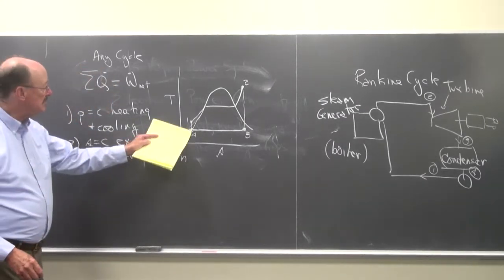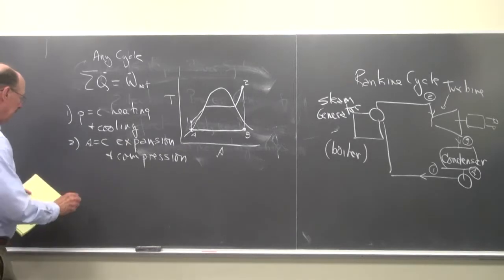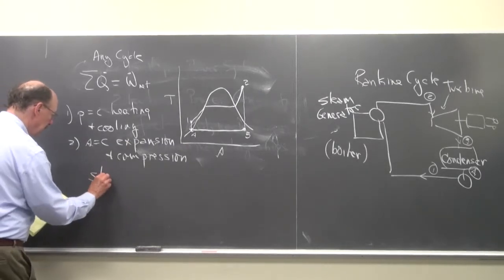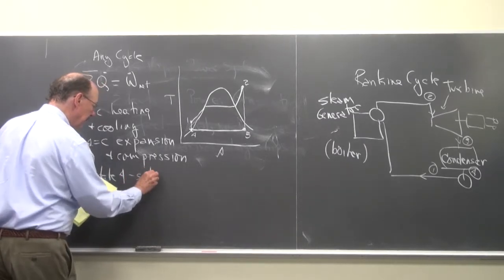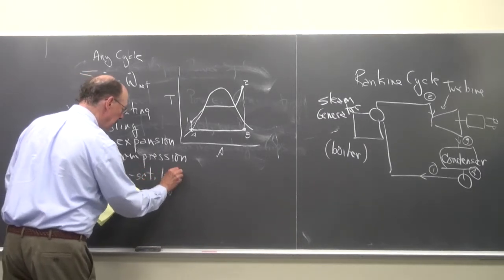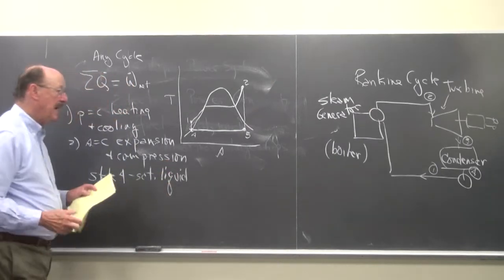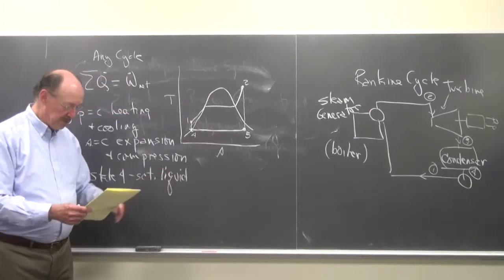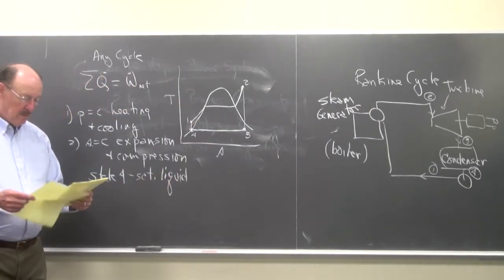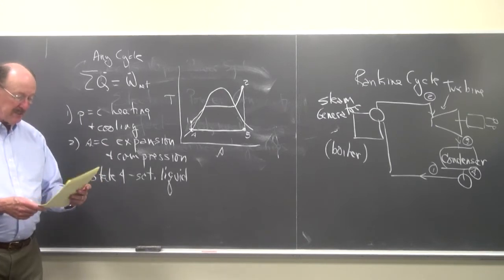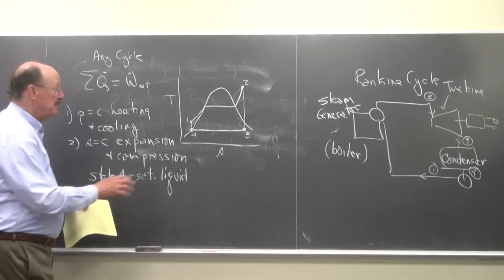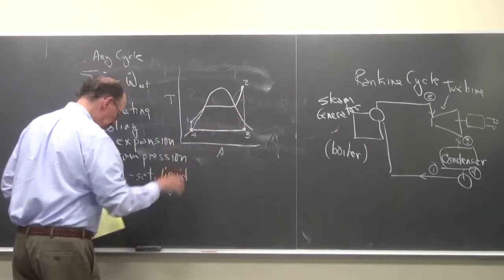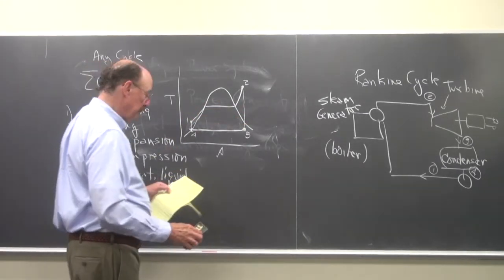And we're saying that state 4 is a saturated liquid. So we have these states, and we'll be able to look up what they are, and we'll do an example in just a little bit showing that. And now let me just pull out the heat, the two heat things, so we can see what they are.